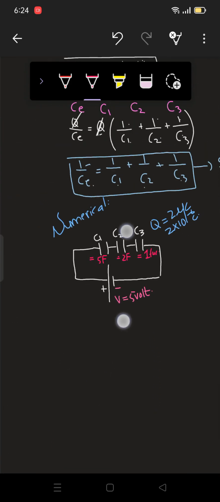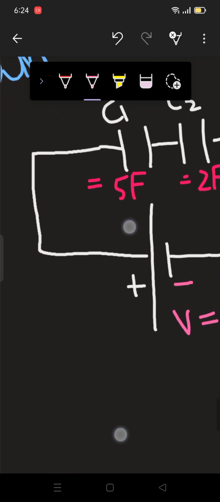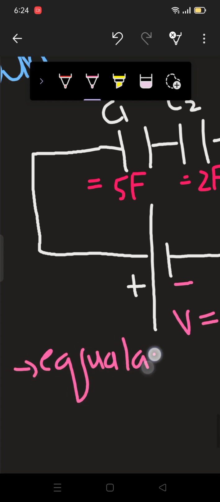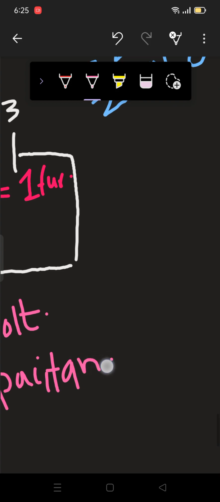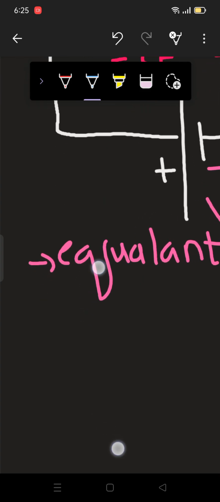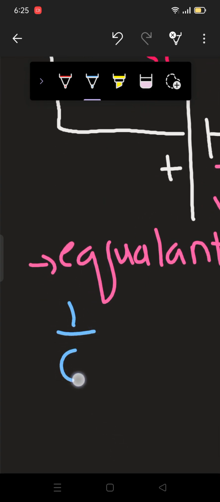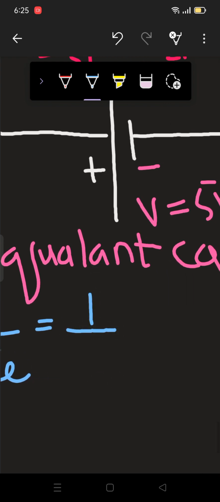Now you need to find the equivalent capacitance here. Initially you write the formula: the reciprocal of equivalent capacitance in series is equal to the sum of the reciprocals of all the individual capacitors.